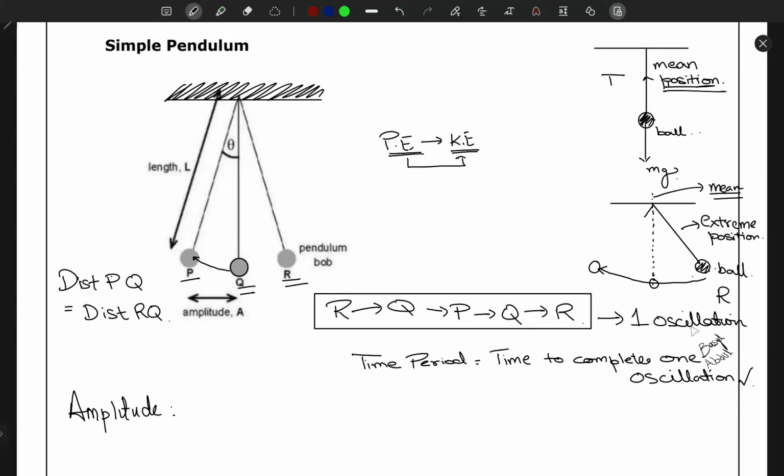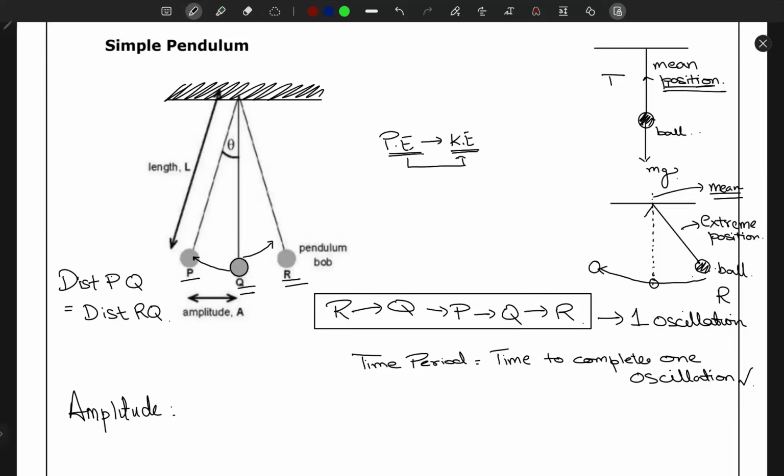Now we were discussing the amplitude, where the amplitude is really the distance that the bob will move from its mean position to an extreme position. So that's defined as the amplitude of the oscillation. It is the maximum distance that the bob moves from its mean position.